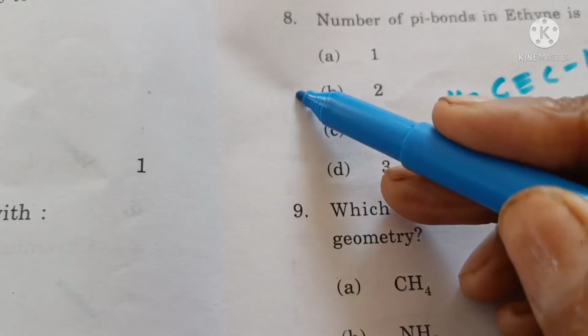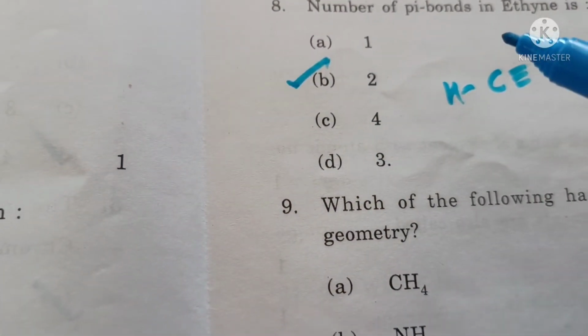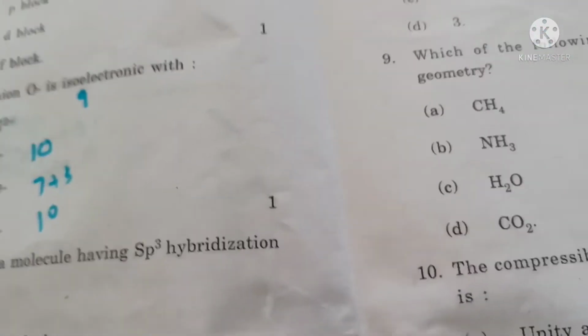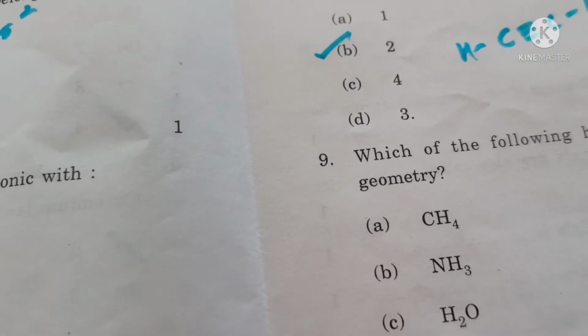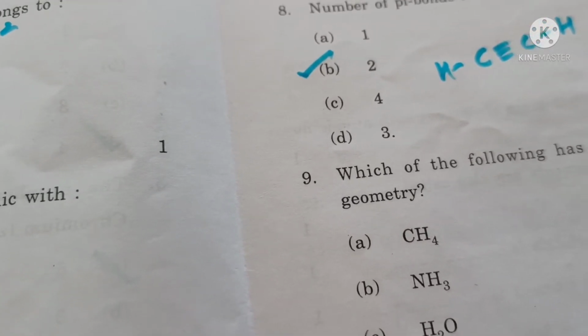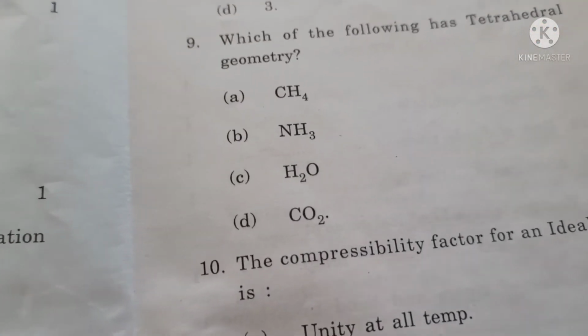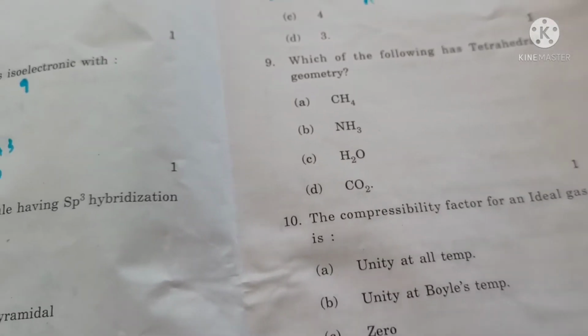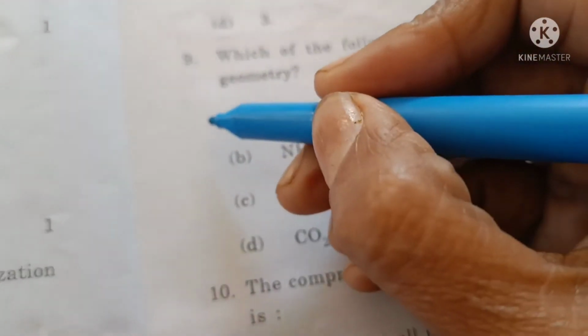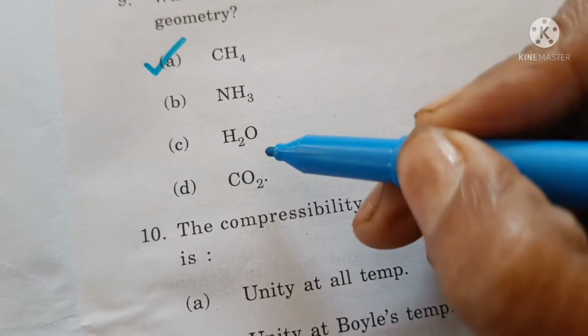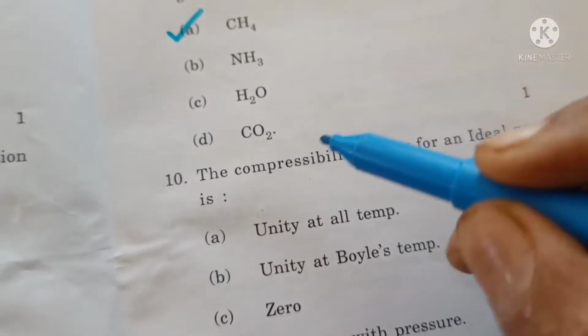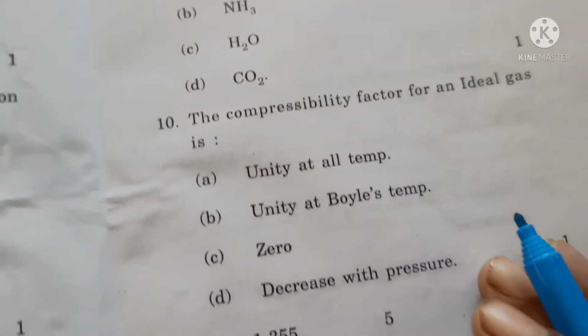So answer is option B. 2 is the number of pi bonds in ethyne. Which of the following has tetrahedral geometry? So methane is the correct option. It has tetrahedral geometry. Ammonia is pyramidal, water is bent, and carbon dioxide is linear.